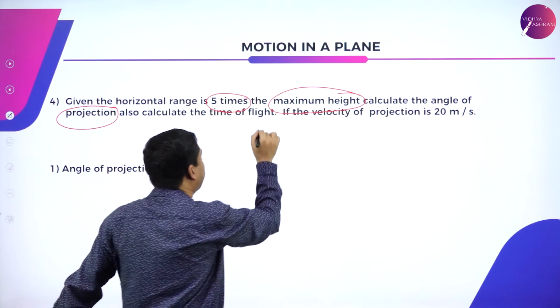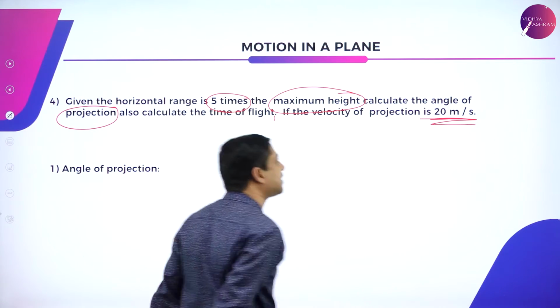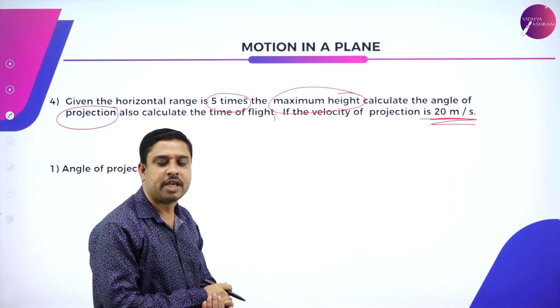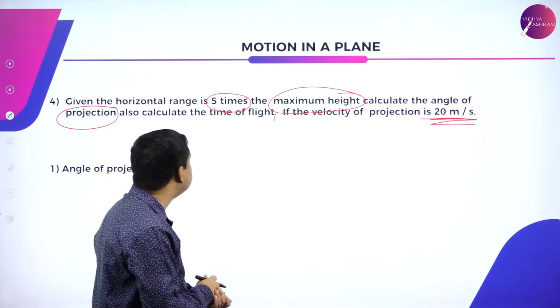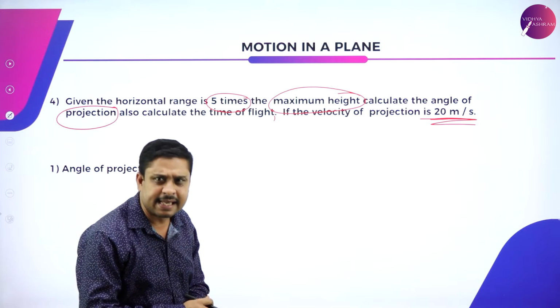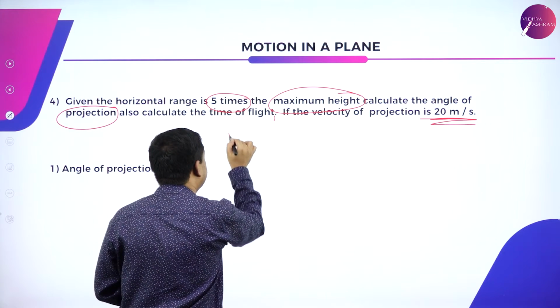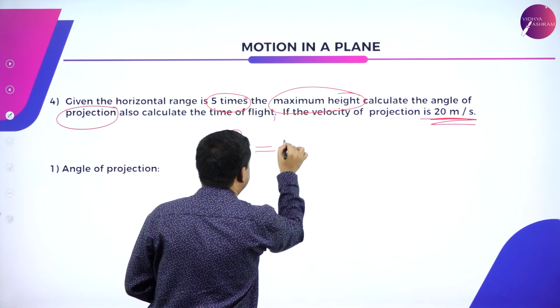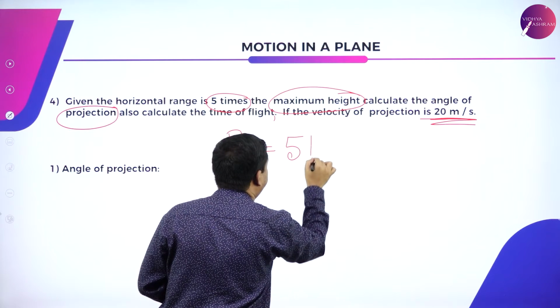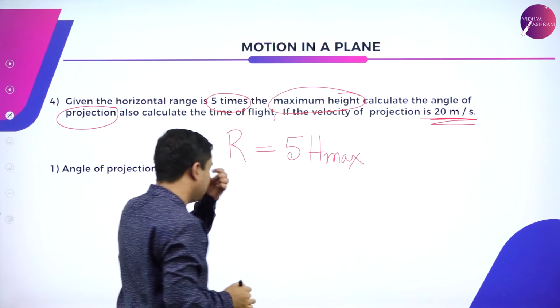Also calculate the time of flight if the velocity of projection is 20 meters per second. The same way, only difference is range is now 5 times the maximum height.